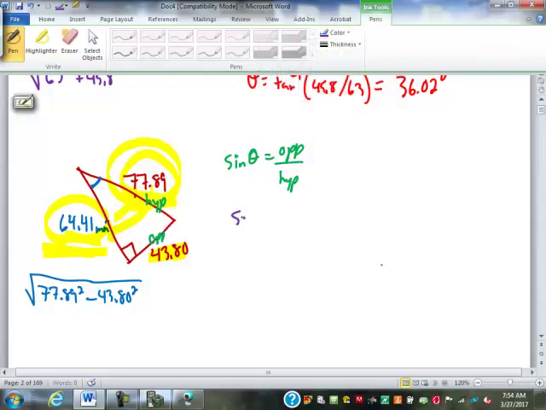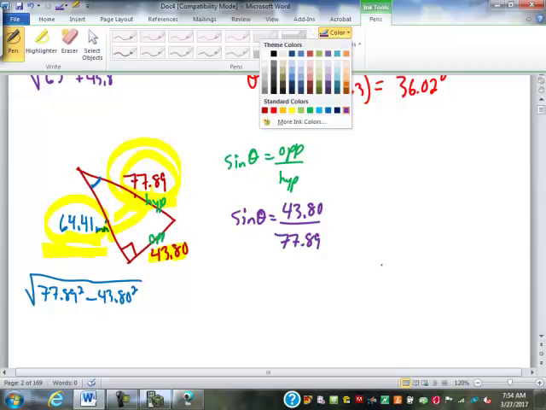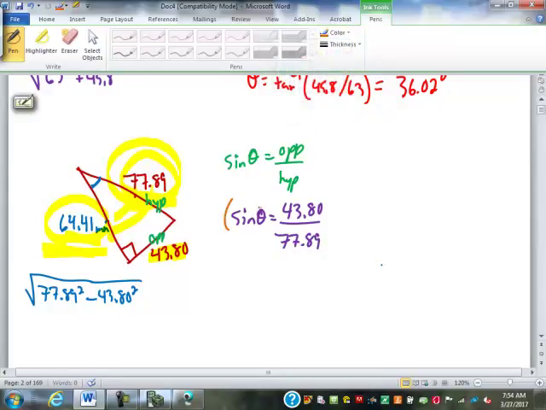So sine of our angle is going to be the opposite of 43°80' over the hypotenuse, 77.89. And when we are looking for an angle, we use that inverse trig function. It's a sine, so we're going to use an inverse sine.